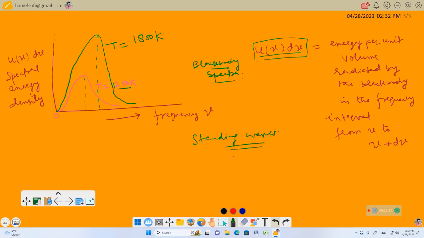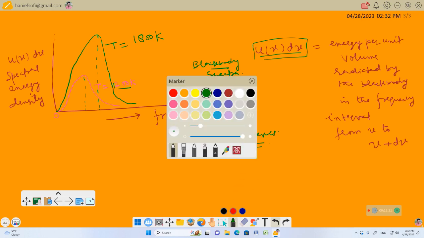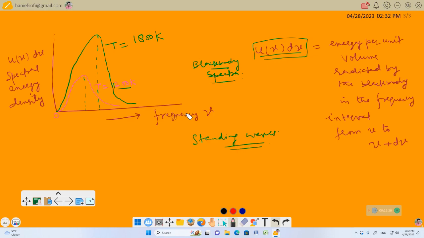What is a standing wave? If you define it, you can define it as a pattern of nodes and antinodes.